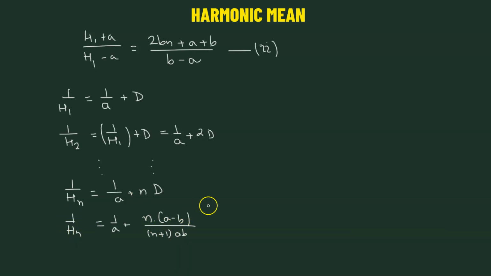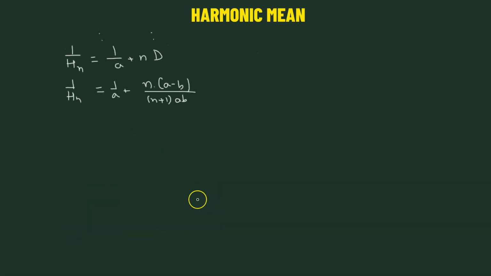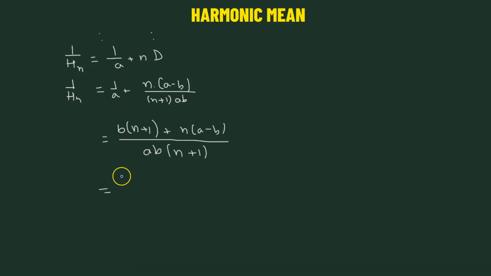So what we'll do, we'll try to combine the two terms on the right hand side. We'll have a common denominator, so that's ab multiplied by n plus 1. Then in the numerator we have b times n plus 1 plus n times a minus b. So this will be equal to bn plus b plus an minus nb divided by ab multiplied by n plus 1.